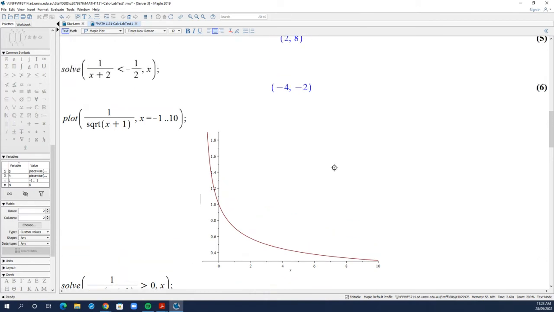Who can tell me? It's not a trick question. What is the range of this function?